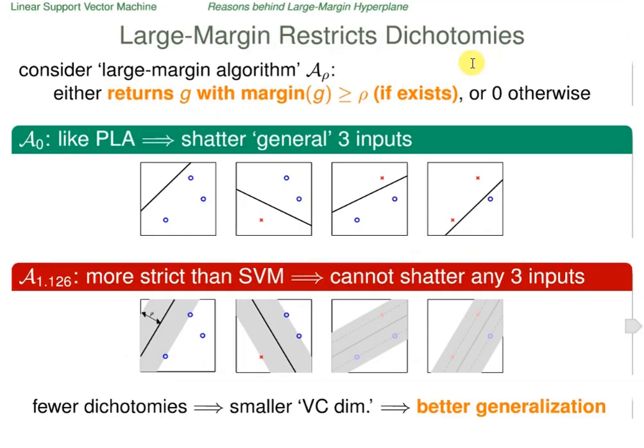Going back to the concept of dichotomies, when we wanted to determine the number of ways in which a model could separate data in different configurations, within a given linear model, we ignored the actual position and the angle of the line, the hypothesis that separated the data. We only cared about the different resultant configurations, resultant labelings.